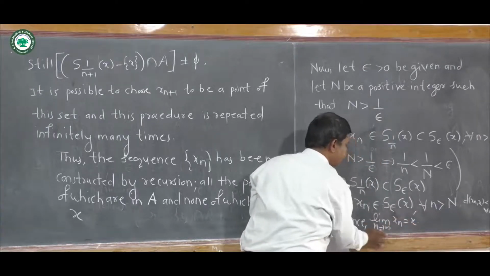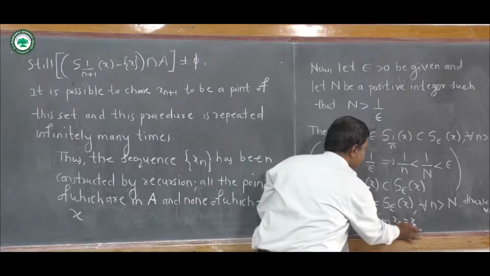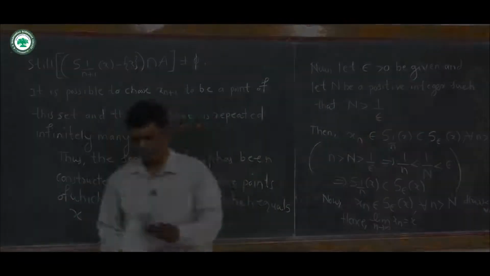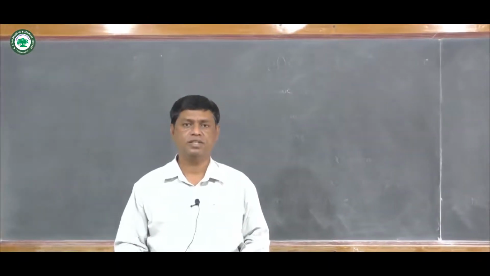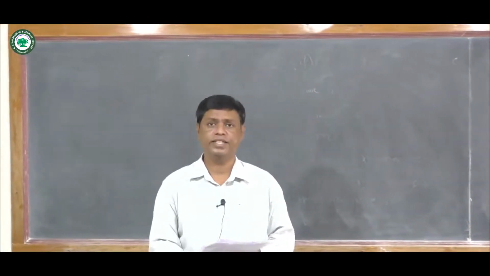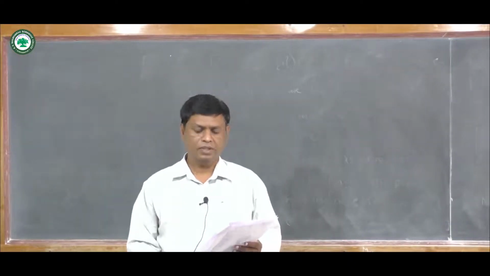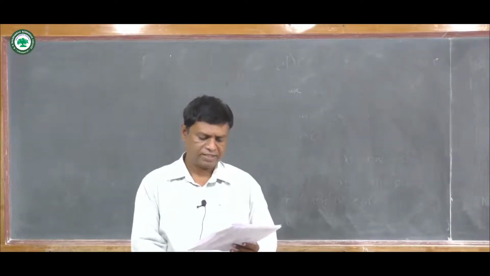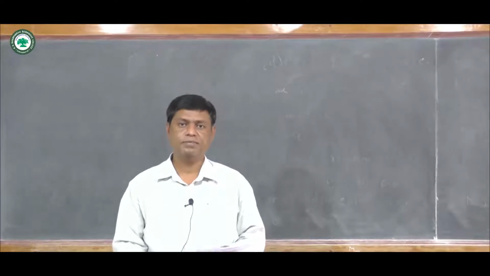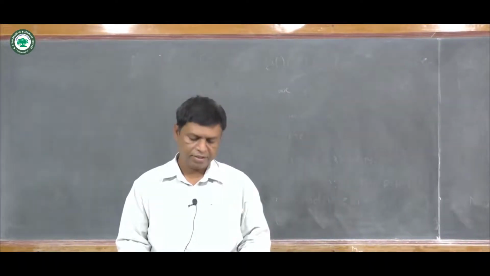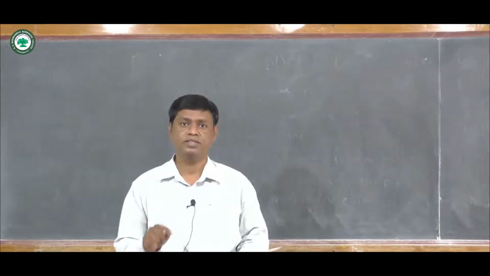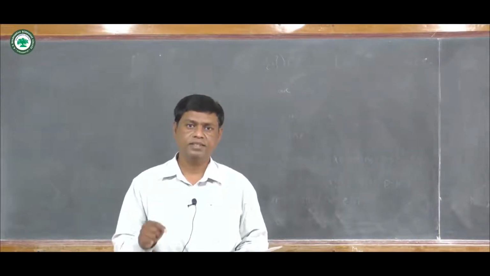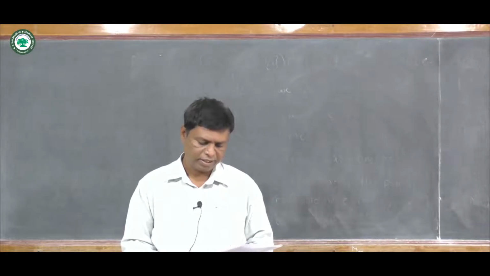Limit n tends to infinity of xn is equal to x. Now in the converse part, we are going to consider the sequence xn of points in A, none of which equals x, and the sequence xn has limit x. Then we are going to show that x, the limit of the sequence, is the limit point of the set A.